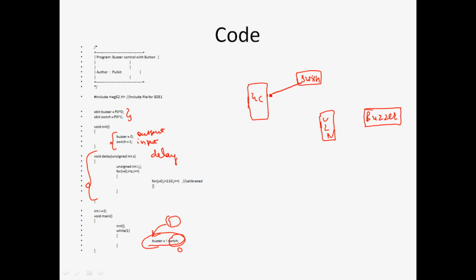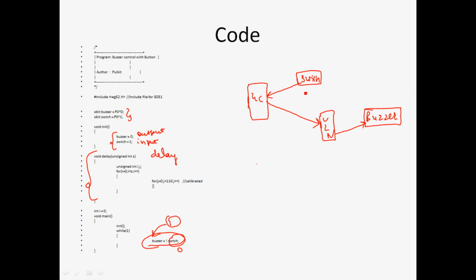First of all, switch gives input to the microcontroller. After that, microcontroller gives signal after processing to the ULN. Then ULN gives a power signal, power supply, to the buzzer to run it.